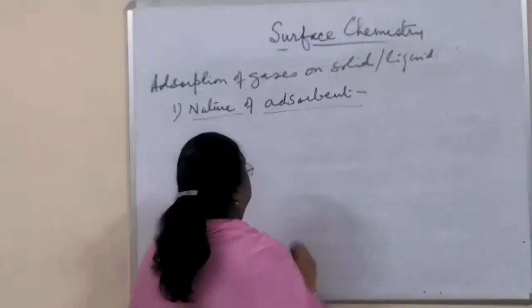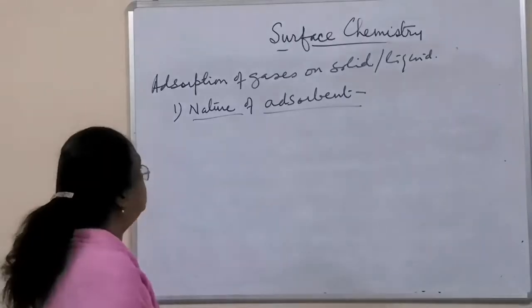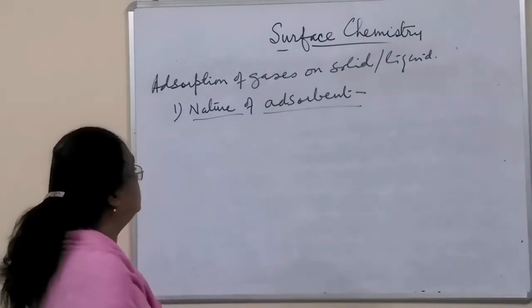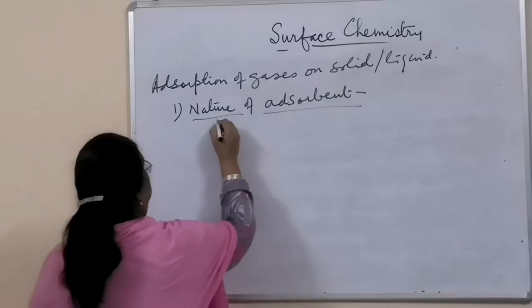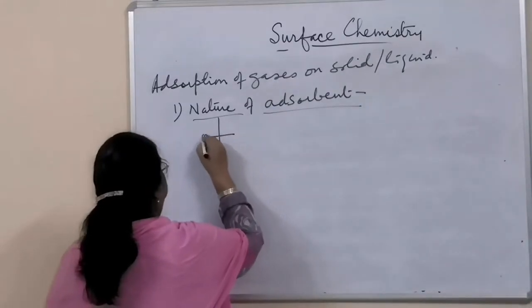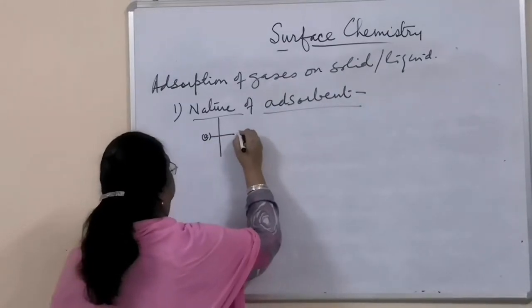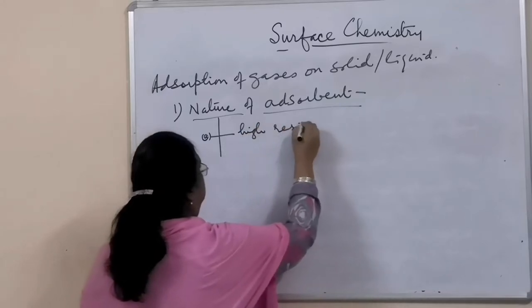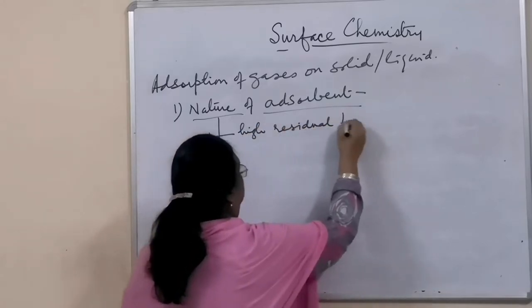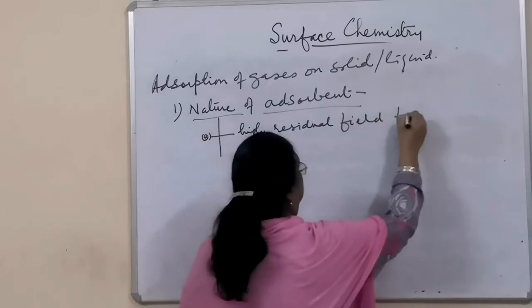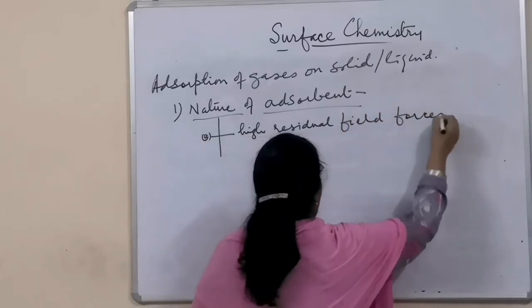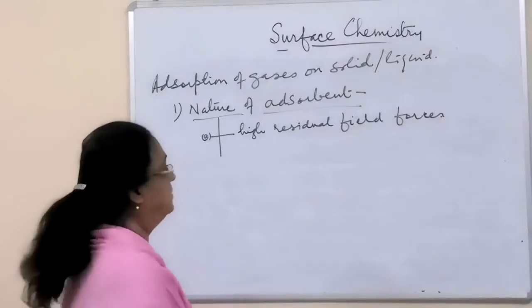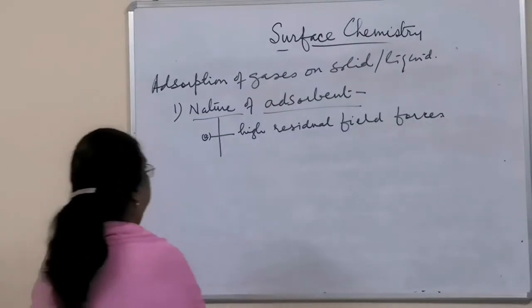Nature of adsorbent means the substance over which adsorption is going to take place. In this, the first thing is that it should have high residual field forces. Unbalanced forces must be high.